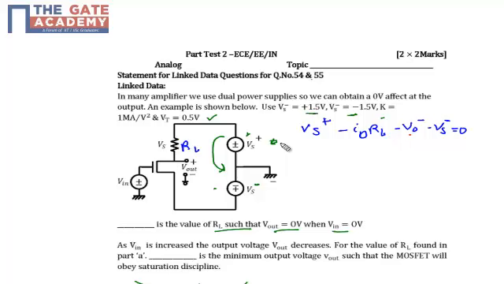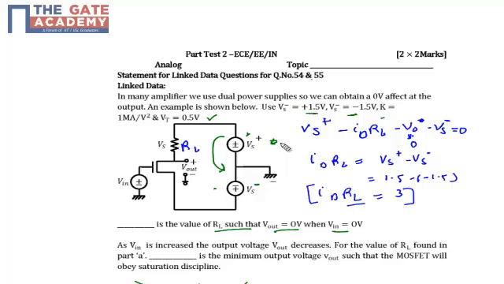For this case, my V naught is 0, because I am working on the condition where input is 0 and output should be 0. So my ID RL is Vs plus minus Vs minus, which is 1.5 minus (minus 1.5), that is 3. So my ID RL is 3 volt. This is what I have got.